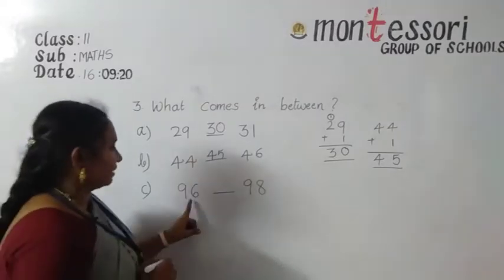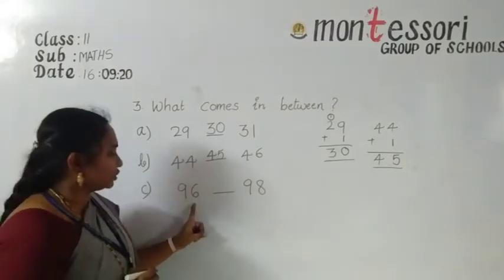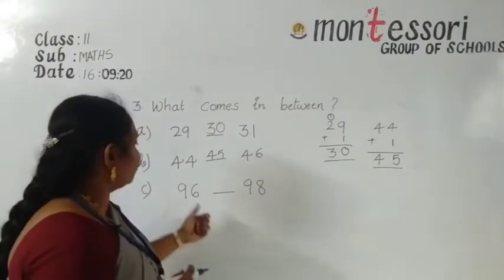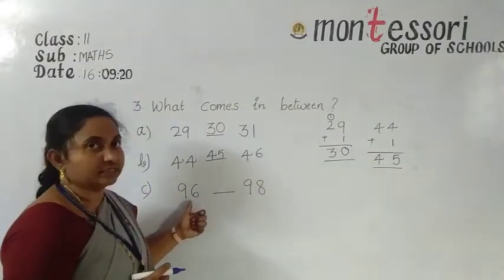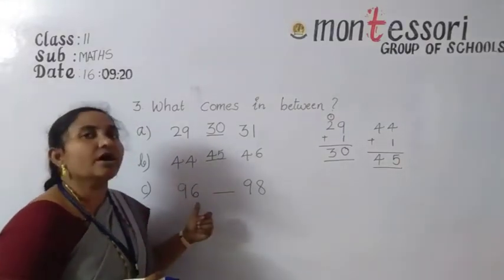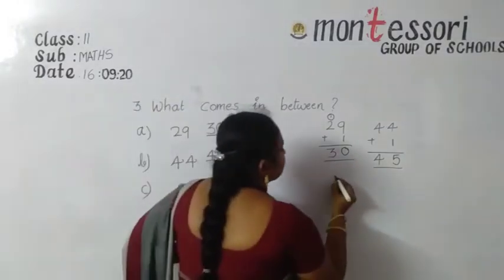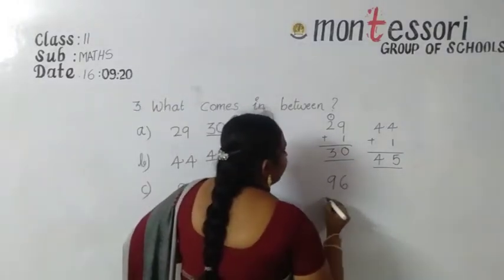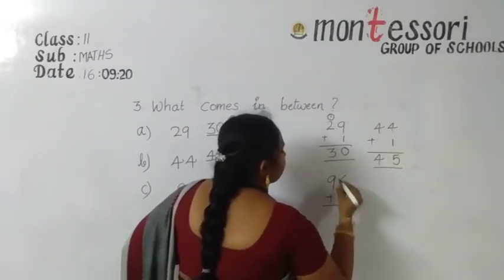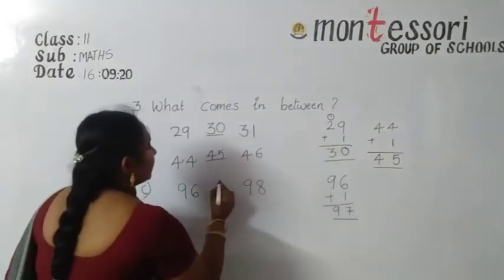Next one, 96, 98. Now we can find the number that comes just after 96. Here I am writing 96 and we can do plus 1. 6 plus 1 is 7, and again I am writing 9 here. So 97.